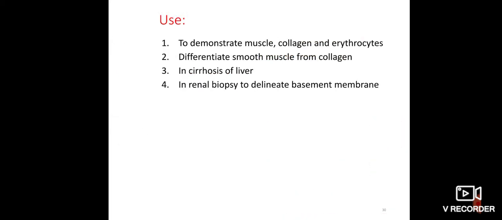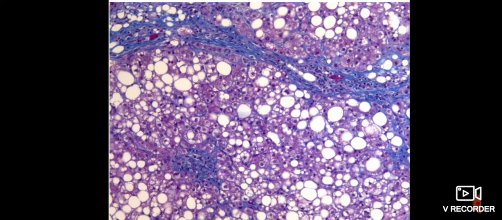So it is used mainly to demonstrate muscle, collagen and erythrocytes, and to differentiate smooth muscle and collagen. In liver cirrhosis, in the early stage, first of all collagen fibers come, followed by your reticulin fibers. Collagen fibers will be stained blue in color, and in renal biopsy they delineate the basement membrane. So again this is a picture of liver cirrhosis.